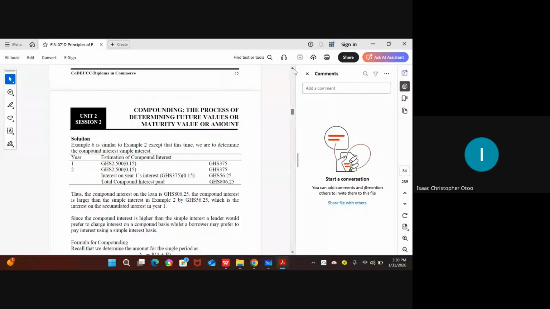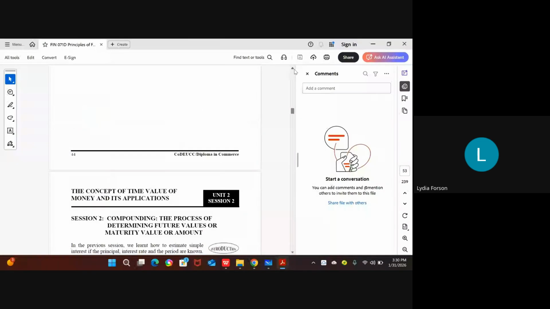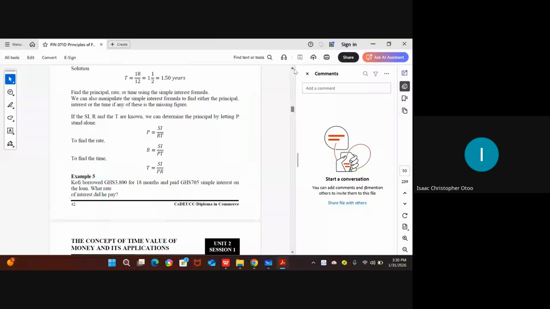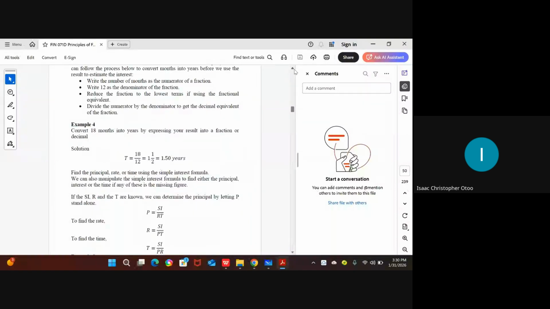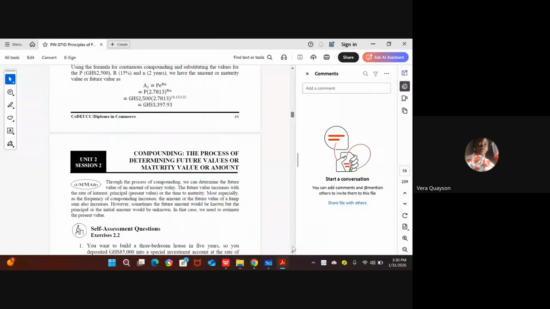Listen, example 4. Where is example 4? It's the example we did last week. Is it compound or simple interest? It's under the meaning of multiple cash flows: determine the future value of multiple cash flows.